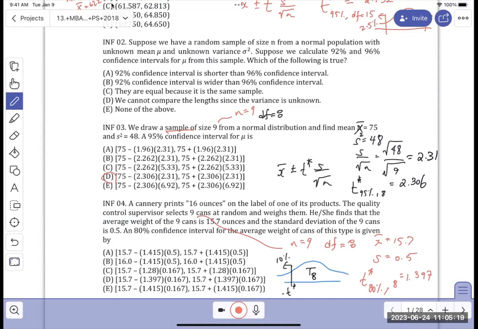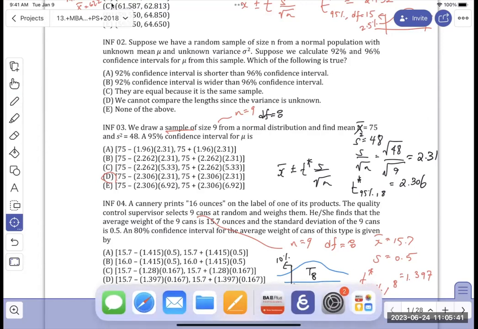So that's what you would look up in Excel: 10% on the left. Do you want me to do it? Okay, let's see Excel. If we didn't have it on the table, we would go onto Excel.